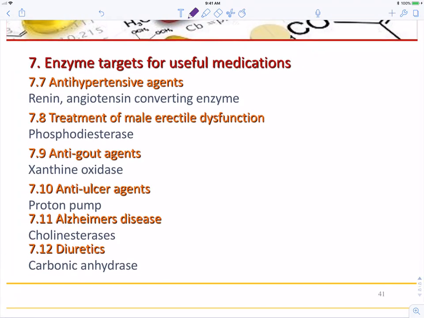So with that, we have concluded the first part of this module where we have reviewed the use of enzymes as targets in therapy, and we'll move on to talk about receptors.